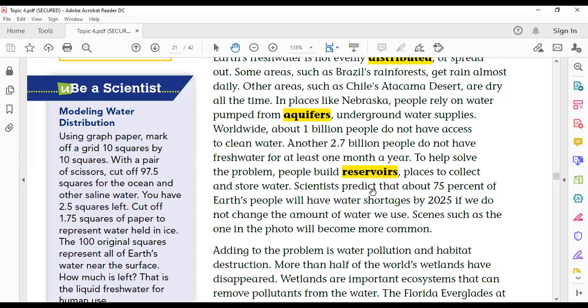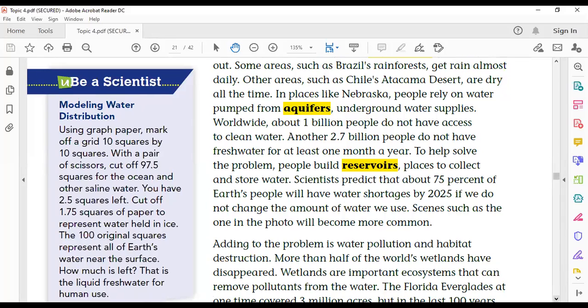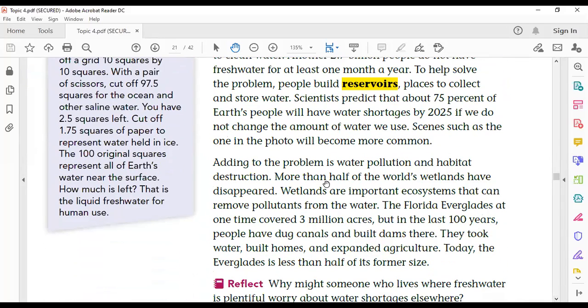Scientists predicted that about 75% of Earth's people will have water shortages by 2025, or after 5 years. Another problem besides water shortage is water pollution, because there are contaminants or pollutants in water. This is another problem in water.